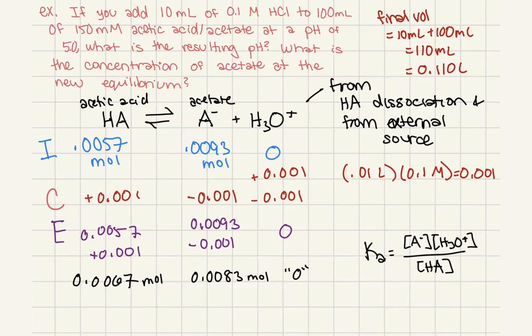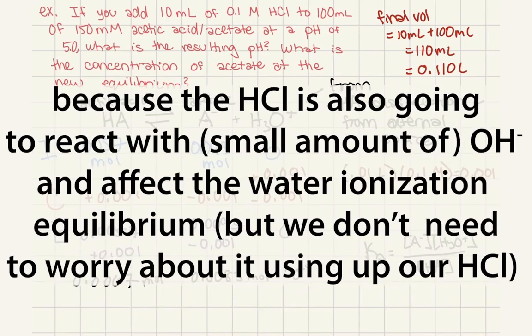although we'll see later that this is not going to be the value that we use to calculate the pH, because just as we were ignoring the amount of H3O plus in the water in the beginning, we're still going to have to consider the amount of H3O plus. And it will have changed. So there will be a change in that H3O plus value.